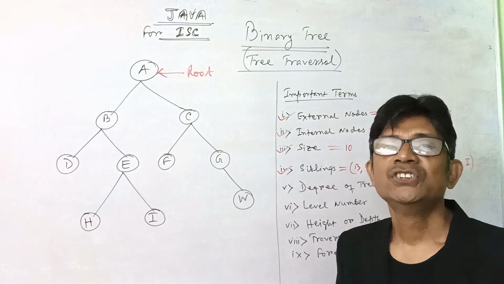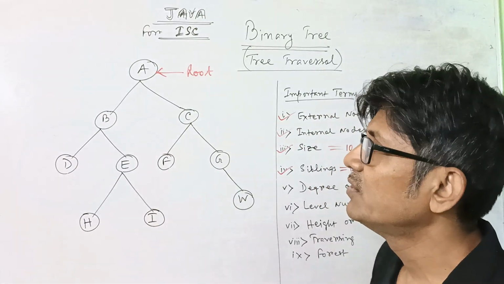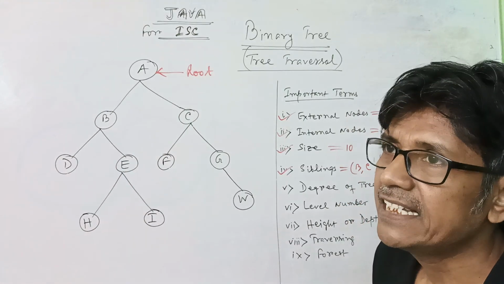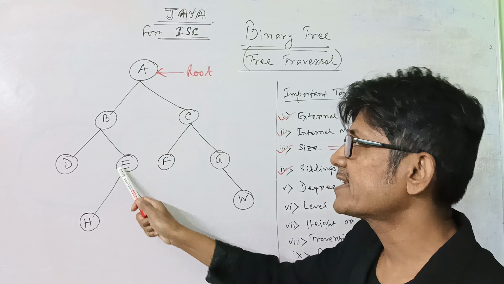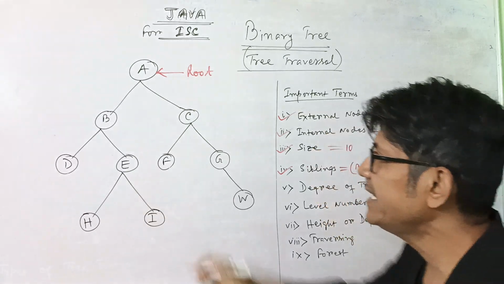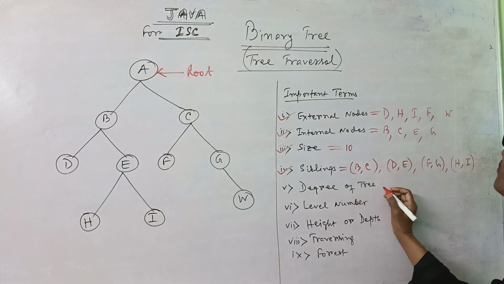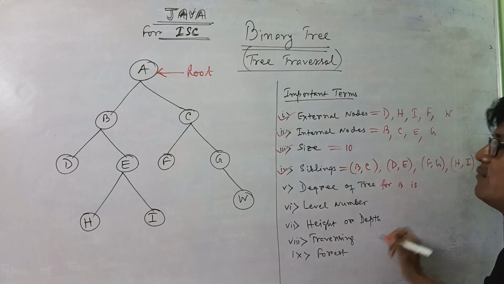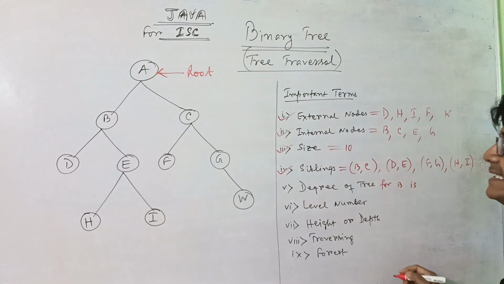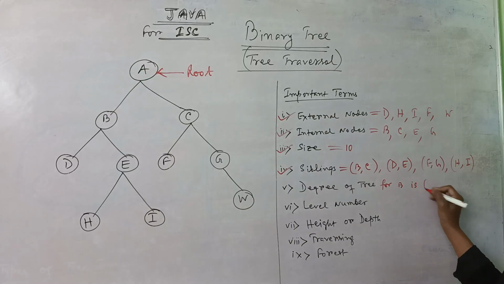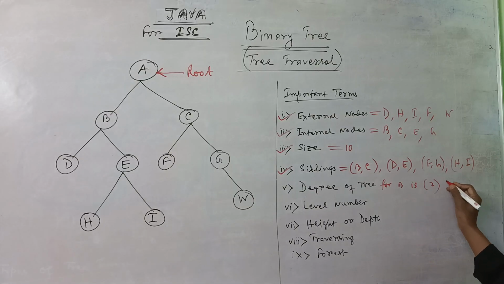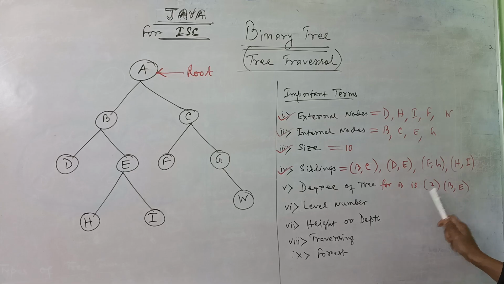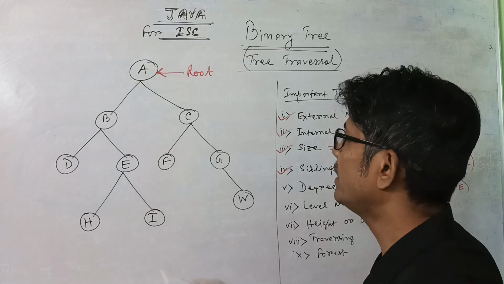It is the number of child nodes, that is, how many successors. B has 2 successors. So the degree for B is DE, that is 2, meaning D and E. How many children are there? 2, D and E. So for B the degree is 2.